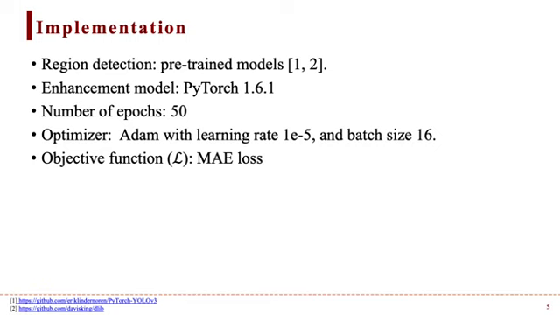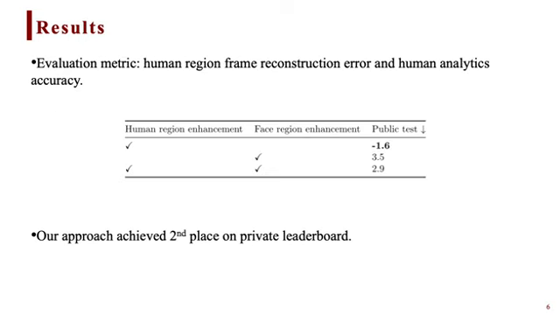Our optimizer is Adam with a learning rate of 1e-5, and we have a batch size of 16. Our objective function is MAE loss, which is the common loss in enhancement method training.